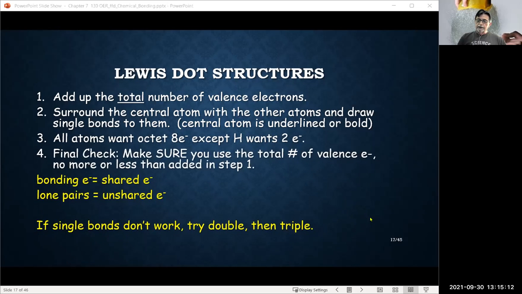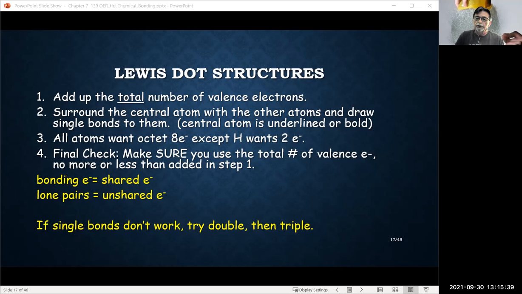Okay, and then we do a final check, as I stated, to make sure you still have the same number of valence electrons that you calculated. And then on the central atom, and the central atom only, you check to see how many are bonded and how many are unbonded or lone pairs.